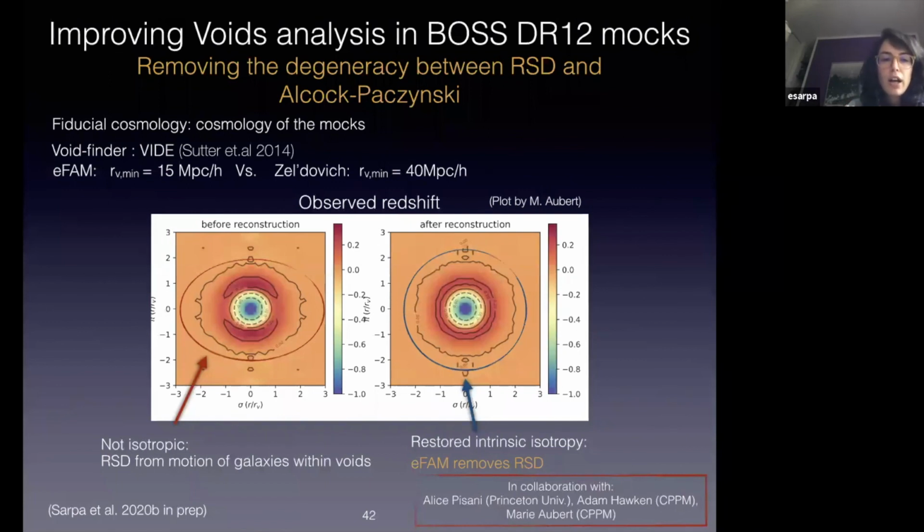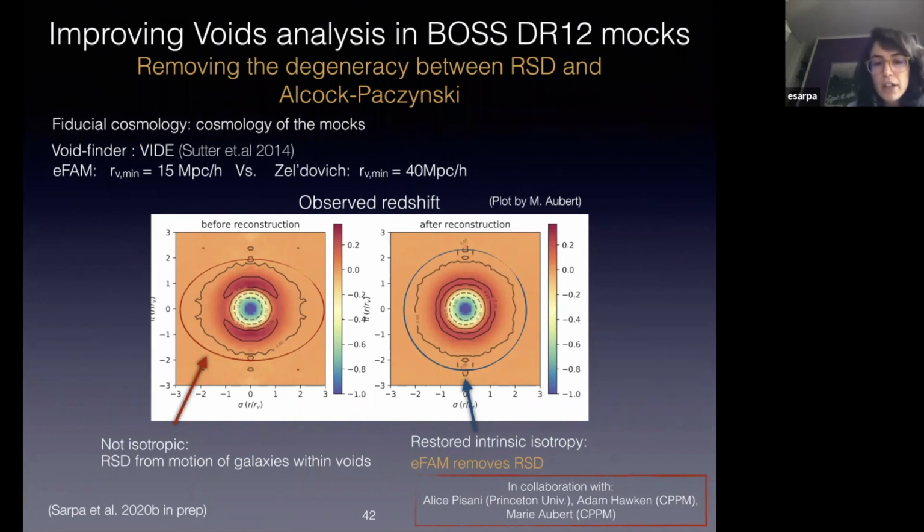This is important because if we want to use the distortion to measure our cosmological parameters, we can actually increase the uncertainty on the cosmological parameters, because there is a strong degeneracy between RSDs and Alcock-Paczynski.